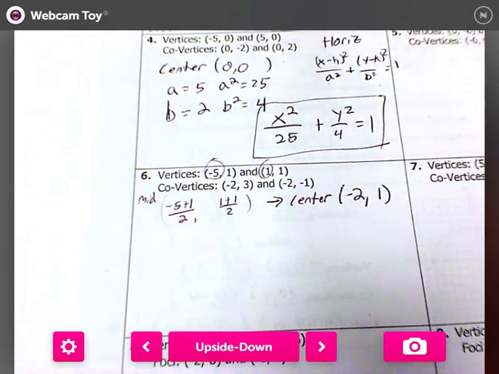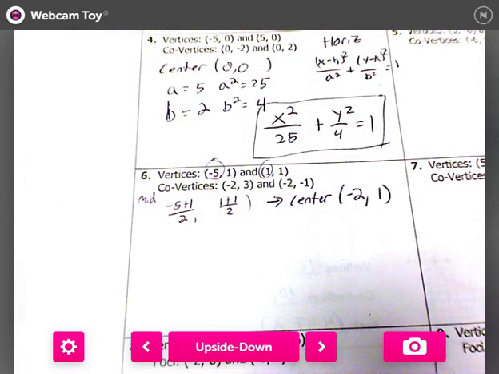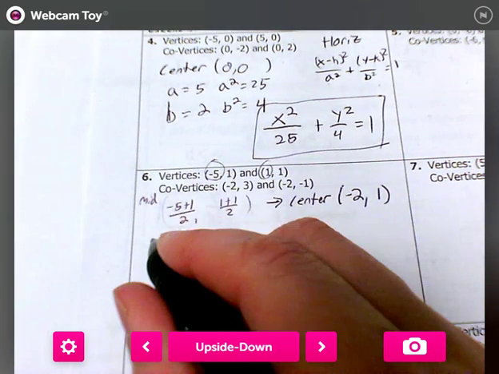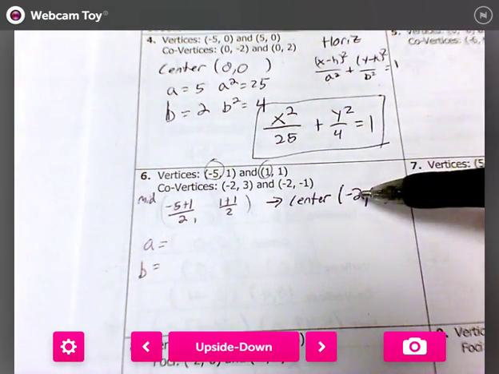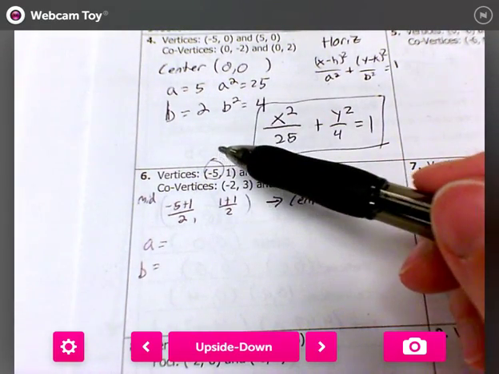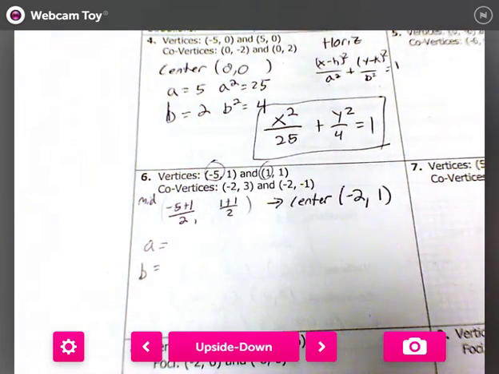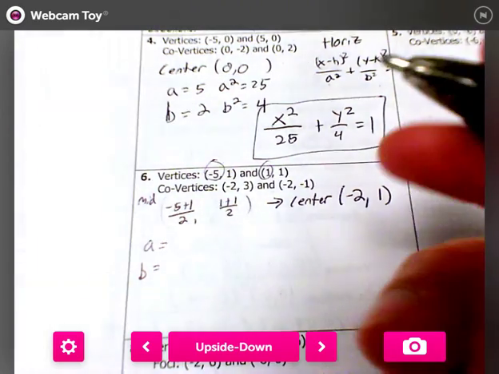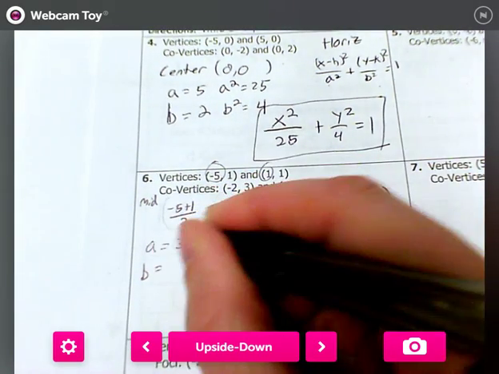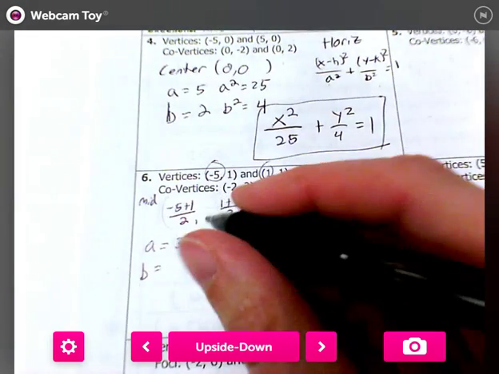Okay? All right. Now we've got to find a and b. Negative 2 plus what gives me negative 5? Negative 3. So that's the same thing as 3 because we're talking about the absolute value of it.